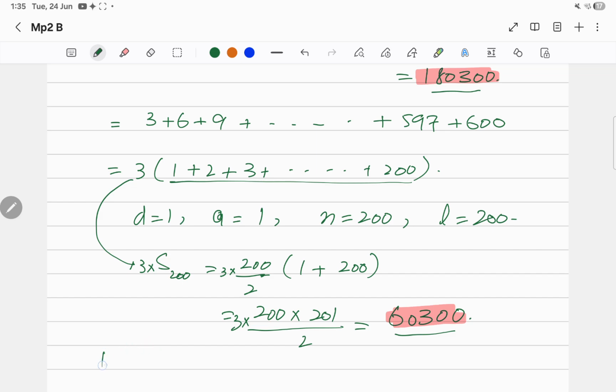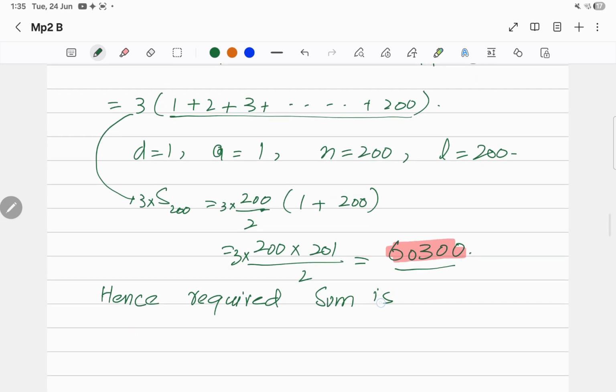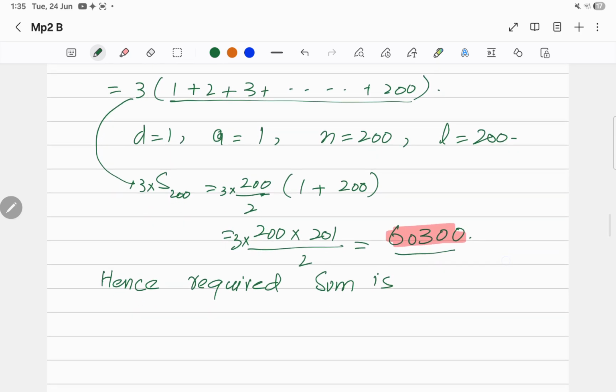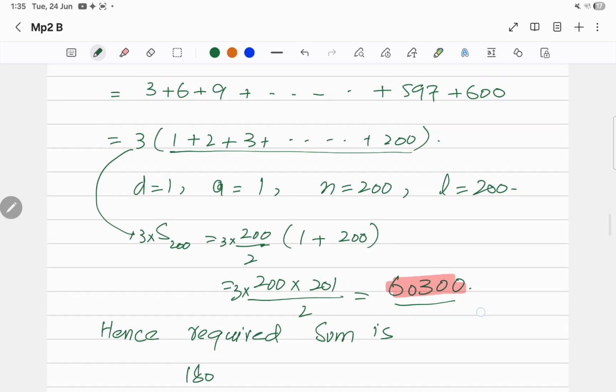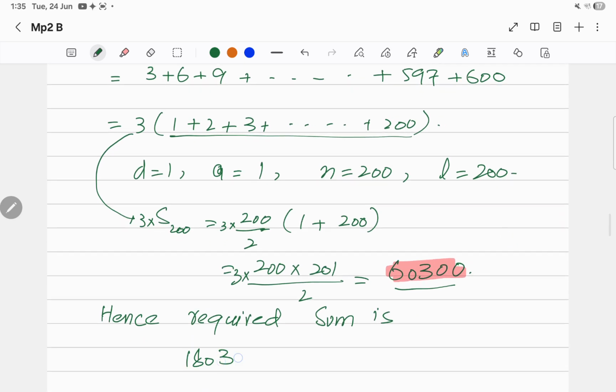So hence the required sum will be 120,000, yeah, 120,000. So as required.